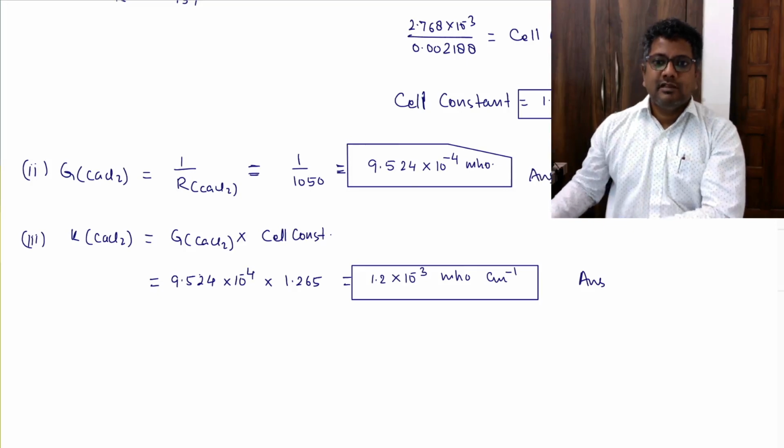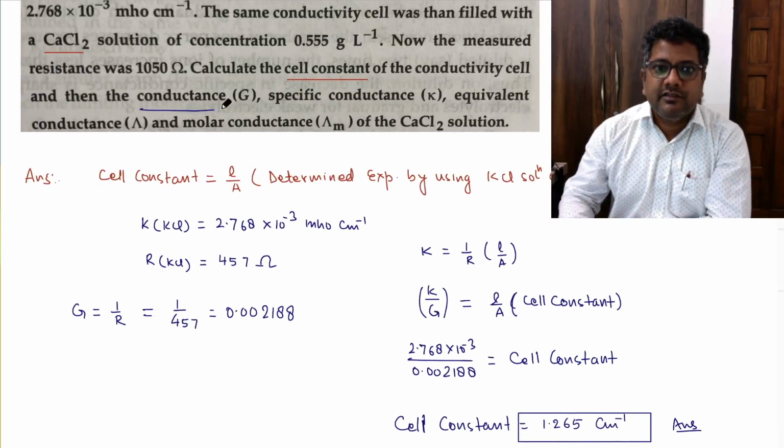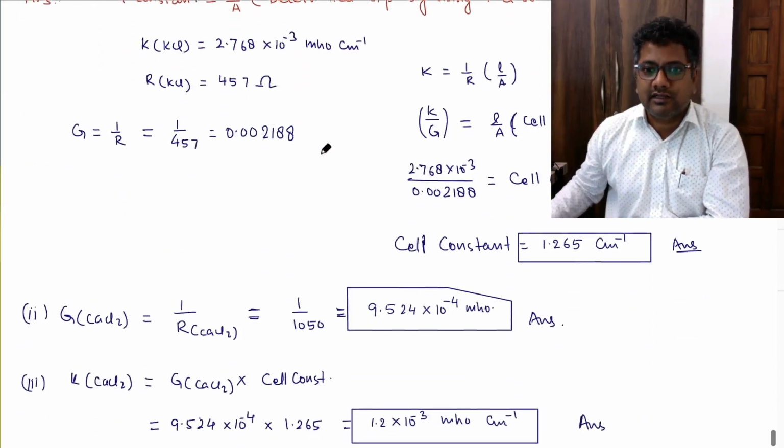Now we have calculated G and kappa for calcium chloride. Now the equivalent conductance and molar conductance.